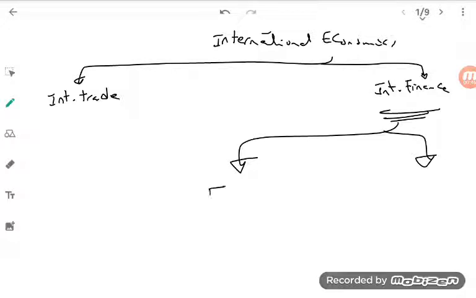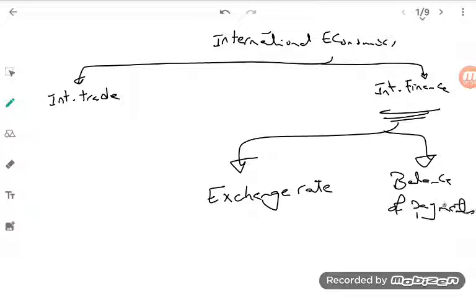Number one, exchange rates, and number two, balance of payments. Today we are going to focus only on one topic: balance of payments.